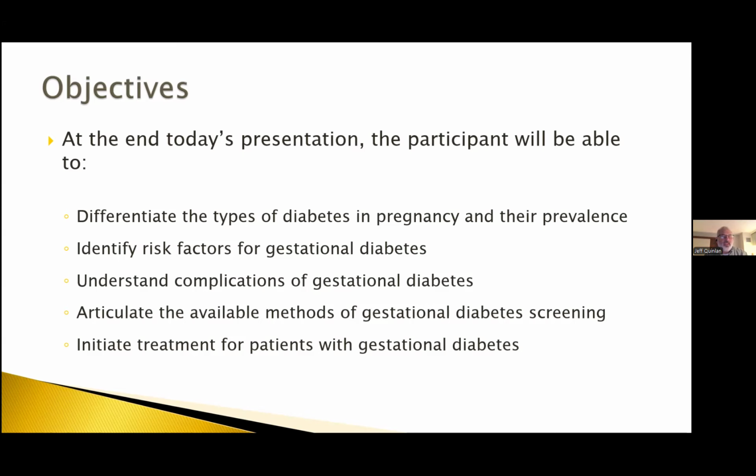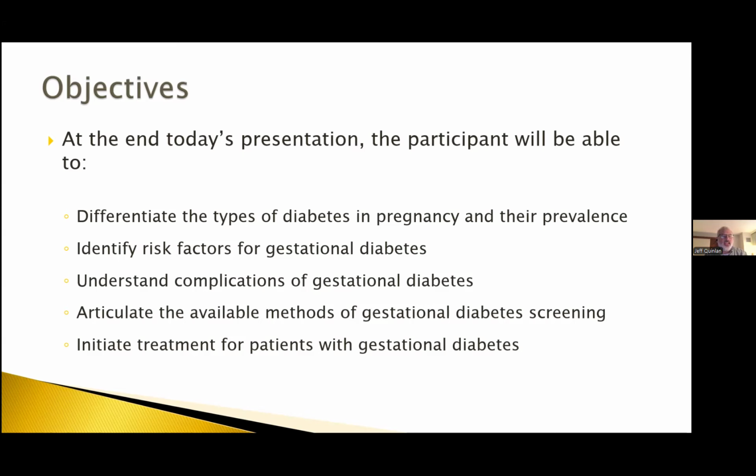This is a topic that could really take 4 to 6 hours to discuss all the components of it, but we'll try to hit some of the highlights today. In particular, we're going to talk a little bit about the different types of diabetes that we see in pregnancy and a little bit about the prevalence of those.